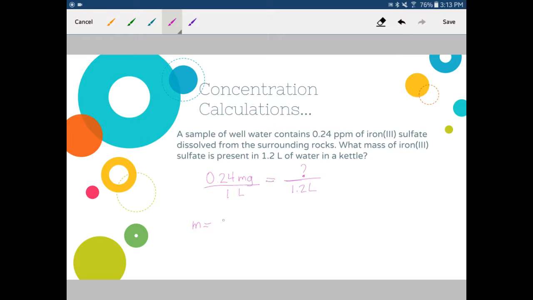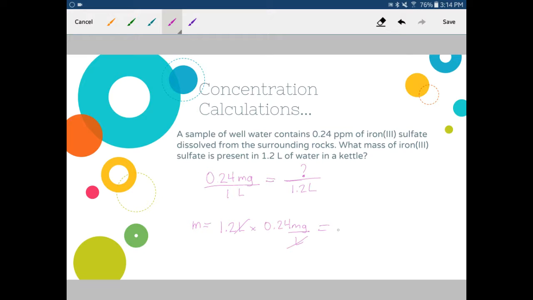Or I can say I have 1.2 liters, and I'm going to multiply by my 0.24 milligrams per liter. And when I do that, my units will cancel out like so.